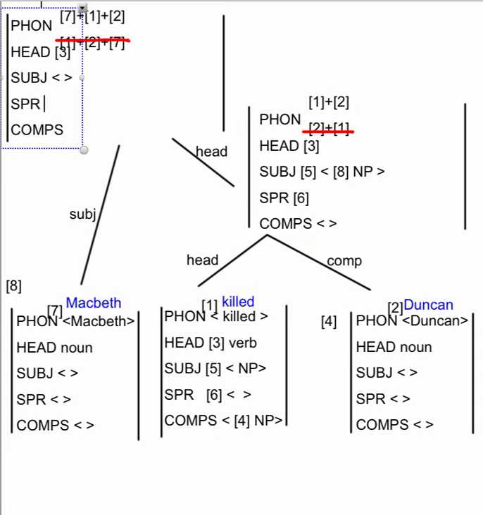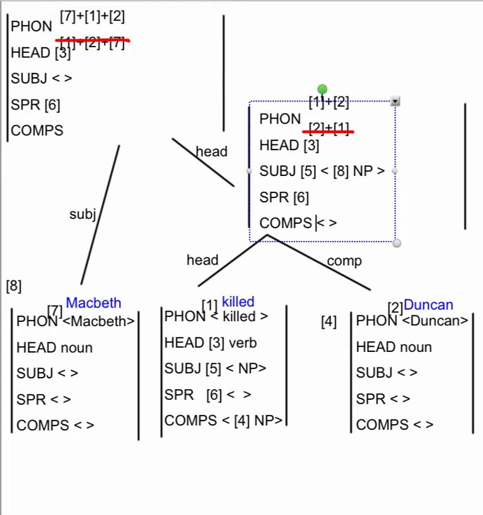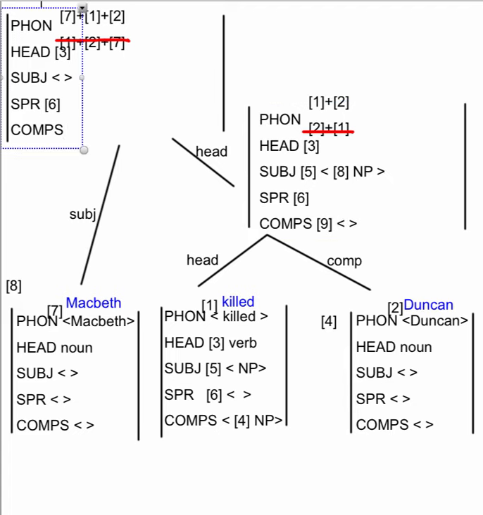So the specifier value on the mother is the list 6, which is an empty list, as we saw here. And the coms value on the mother is the same as the coms value on the head-daughter, which is the new tag number 9. So it's also an empty list. And this is the full analysis.